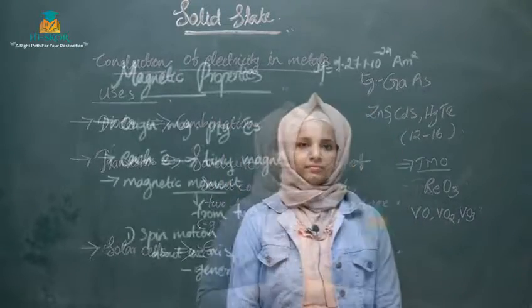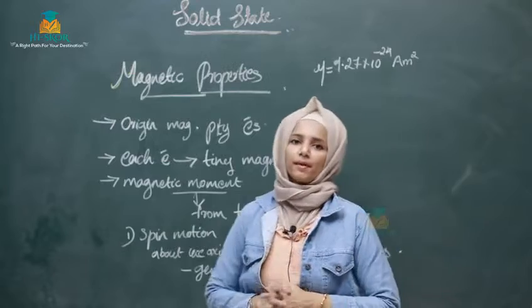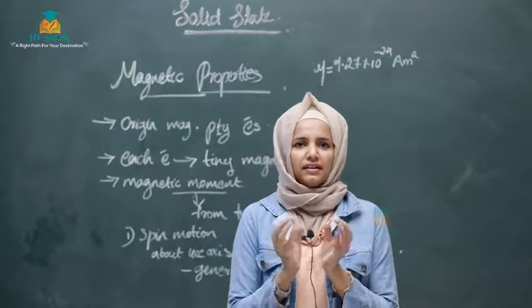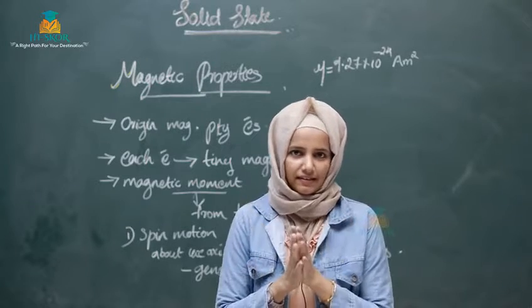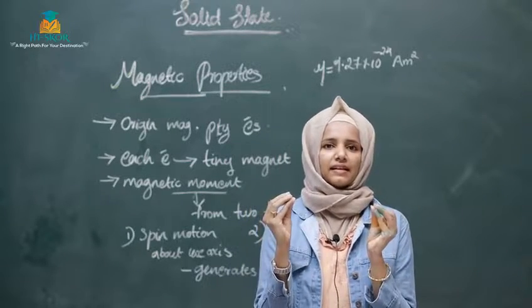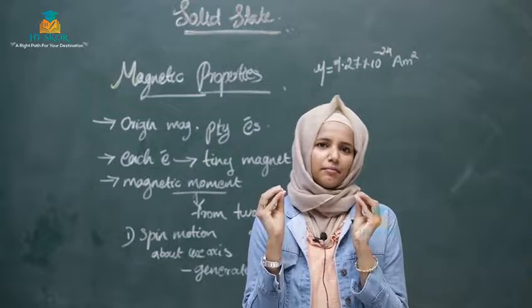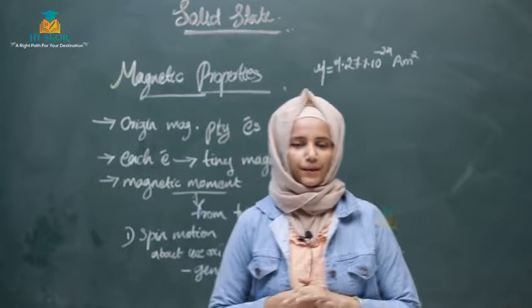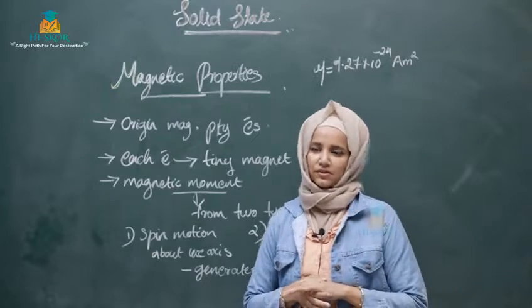Okay, so next is magnetic properties of solids. We know every substance has a small magnetic property in it. Every substance behaves like a magnet. Why is it so? Because of the presence of electrons, right?